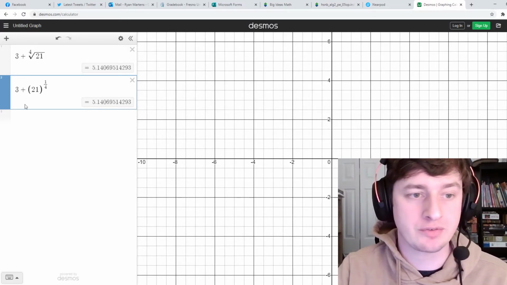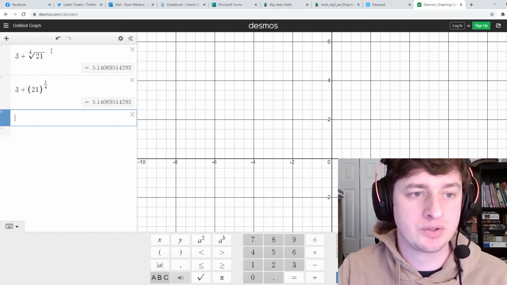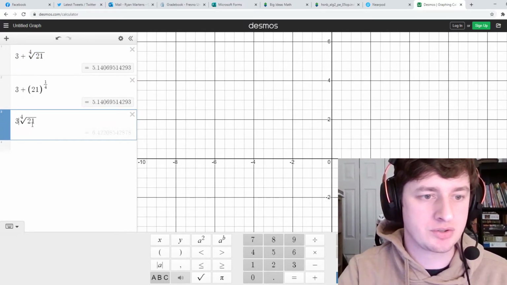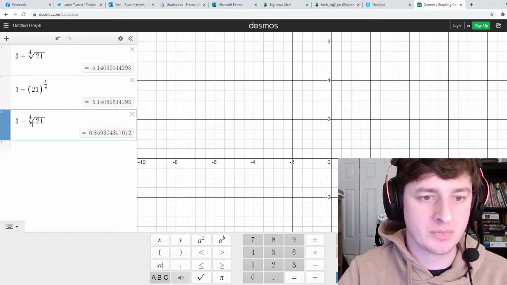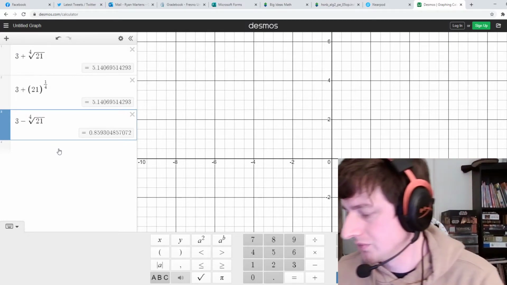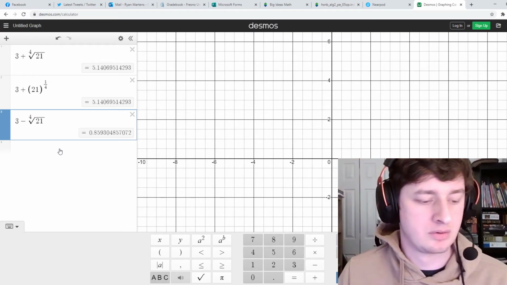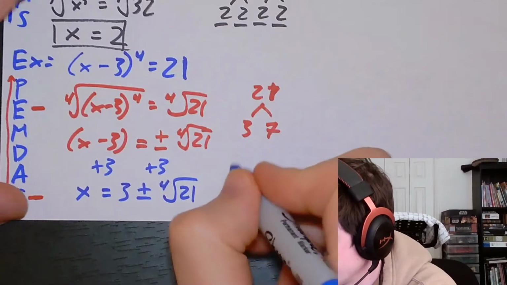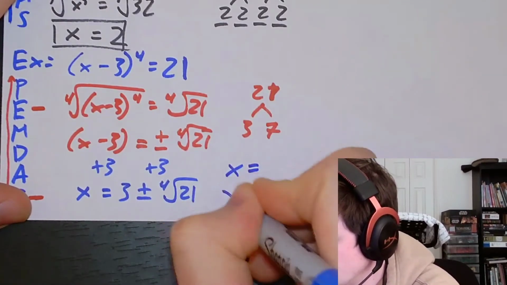For one of our values, that's one of our values. The other value is if we would have subtracted this. So if I copy and paste, change this to subtraction, then we get 0.85 going on. So x is 2 numbers.